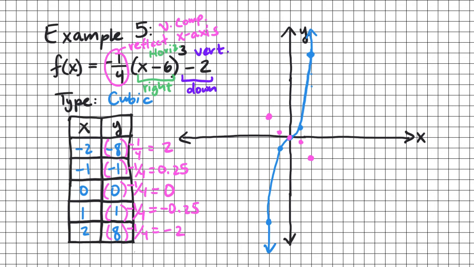So we're going to go to the right 6, 1, 2, 3, 4, 5, 6, and down 2.